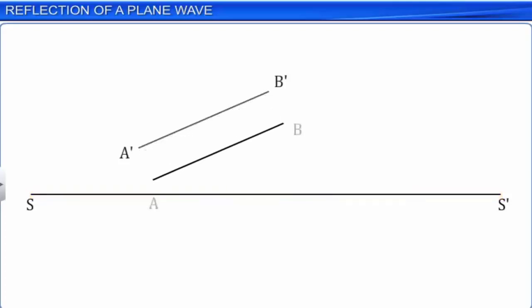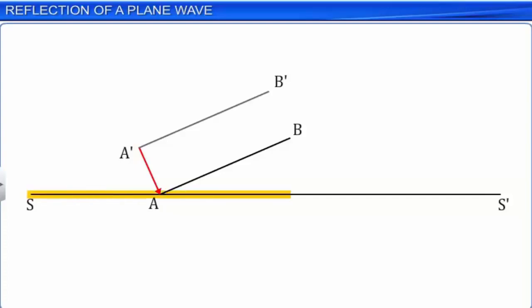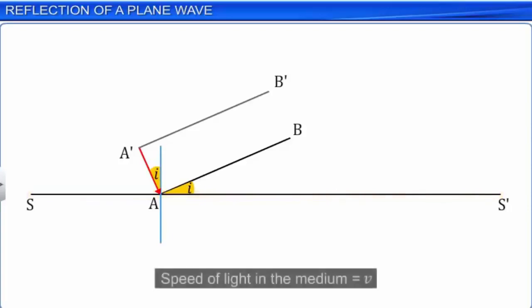Let AB be the position of the wavefront when it just touches the reflecting surface at the instant t is equal to 0. A'A gives the direction of propagation of the wavefront, and let us assume that the wavefront is incident on the surface SS' at an angle I, and the speed of the light in the given medium is v.